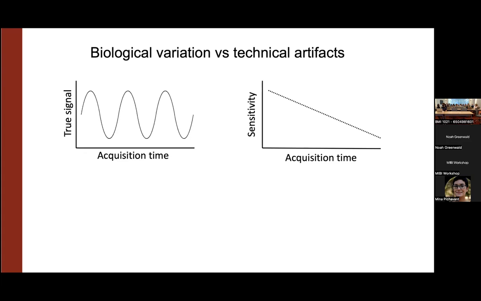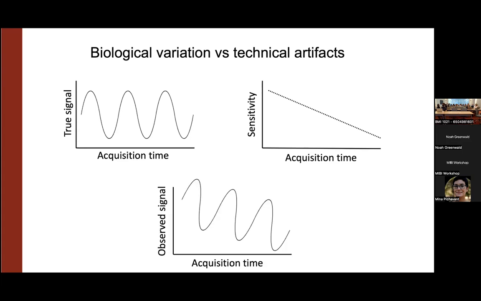And so your true signal, which you know has this variation, gets multiplied by this decrease, or increase depending on the instrument. The result is that the observed signal will not be representative of the true biological signal because of the confounding of this technical artifact.